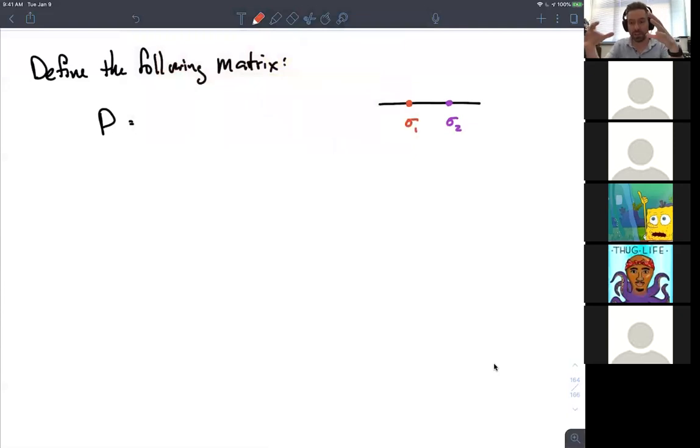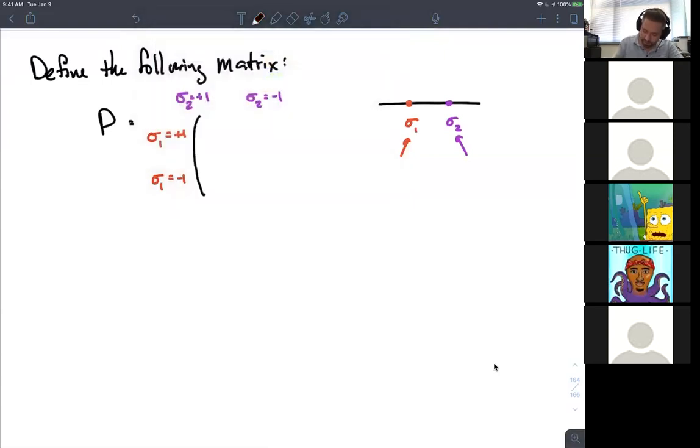If I have two spins right next to one another, I'm going to define this matrix such that the different rows correspond to the different possible values of sigma 1, and the different columns correspond to the different possible values of sigma 2. So the way to think about this is I have sigma 2 equal to +1 and sigma 2 equal to -1 here, and I have sigma 1 equal to +1 here and sigma 1 equal to -1 here.